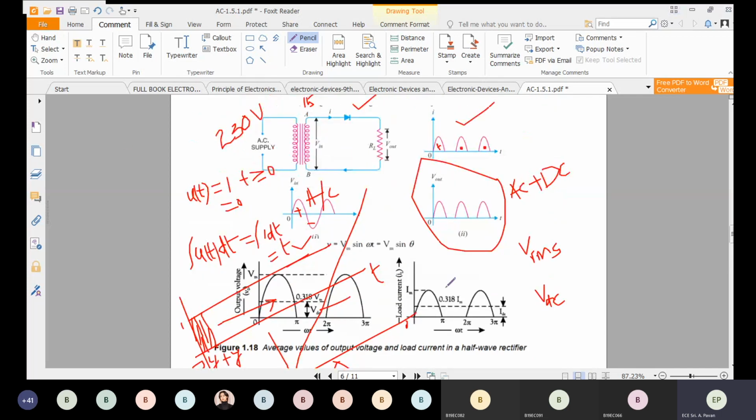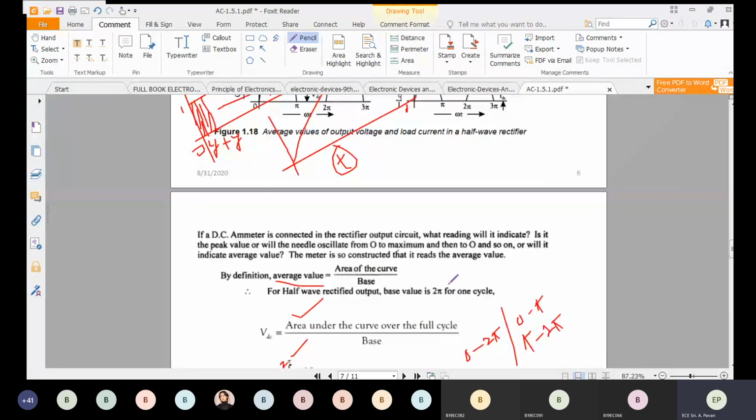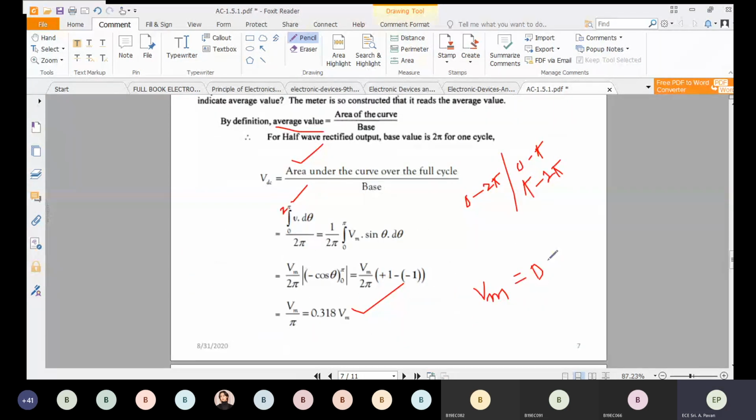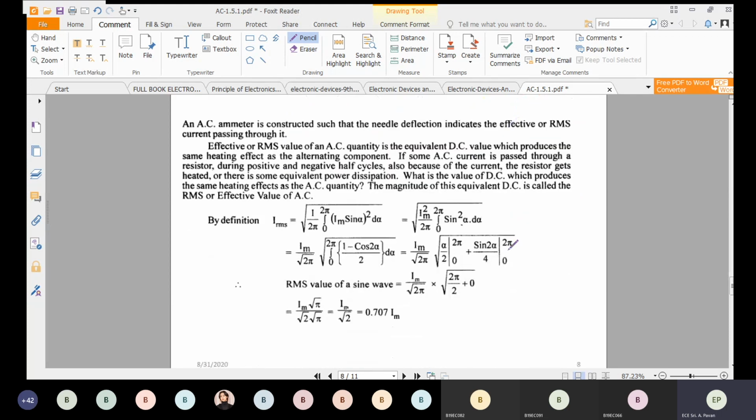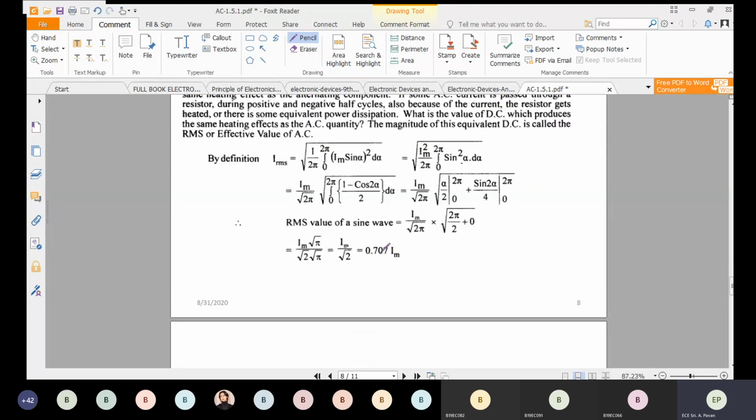I'm assuming this as a Vm, so Vm contains both AC and DC, and it is divided into two parts, AC and DC. We have got a DC content of this much, 0.318, so the remaining is all AC content. The remaining is nothing but 70%. So 70% of Vm is nothing but AC.